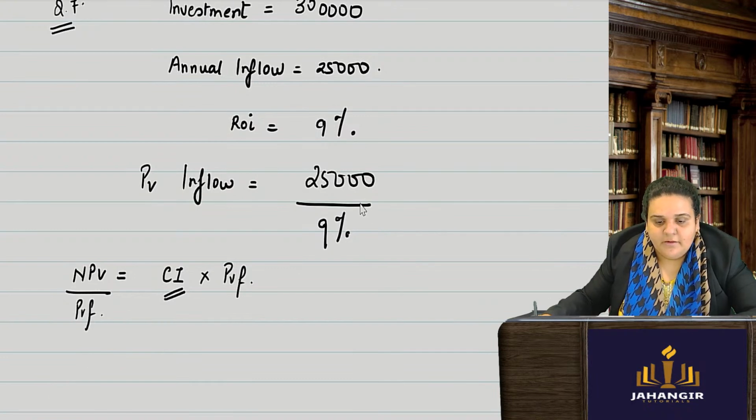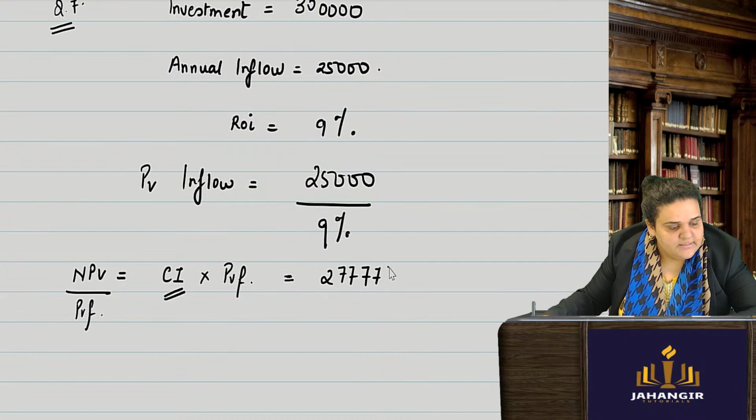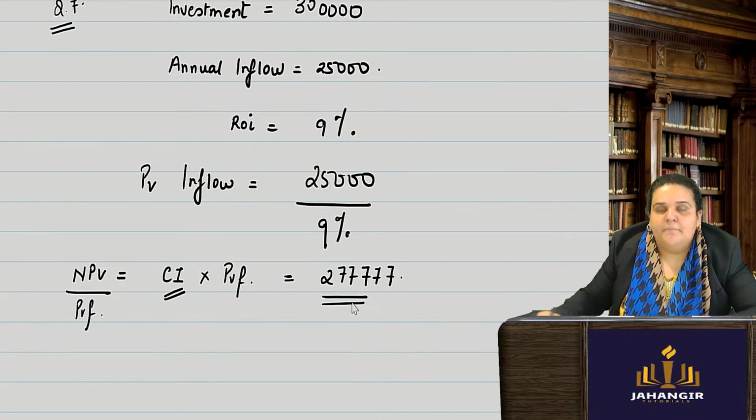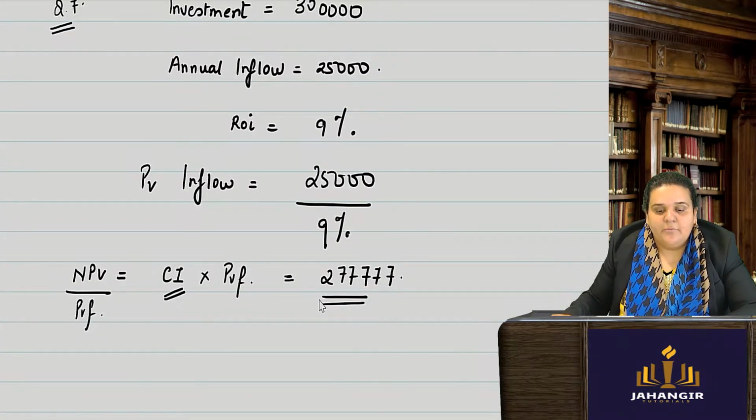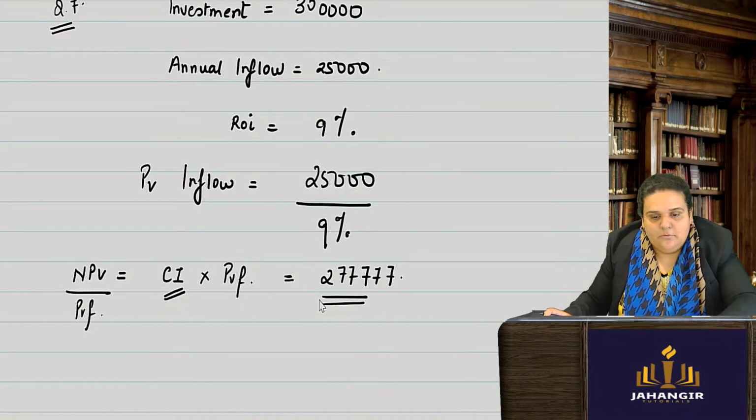So 25,000 divided by 9% will give me the amount. The PV inflow amount will be 2,77,777. That will be my total inflow.